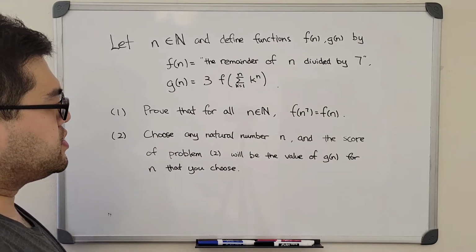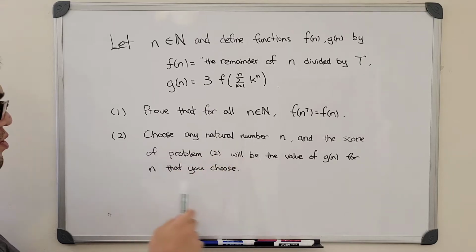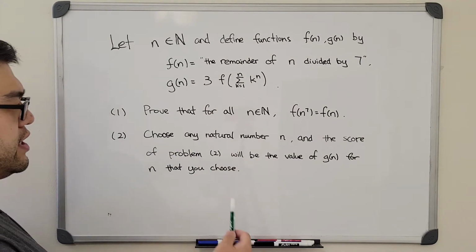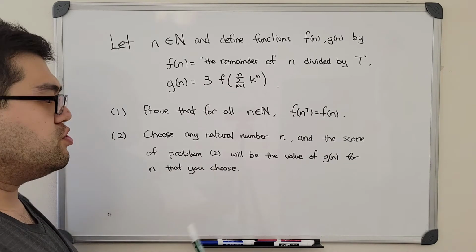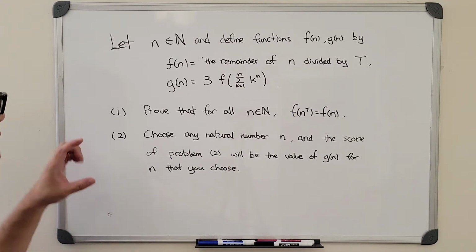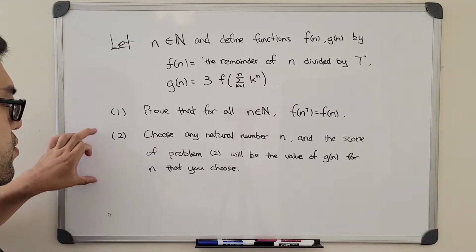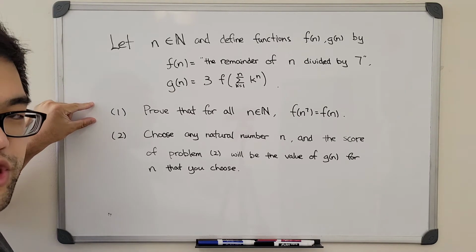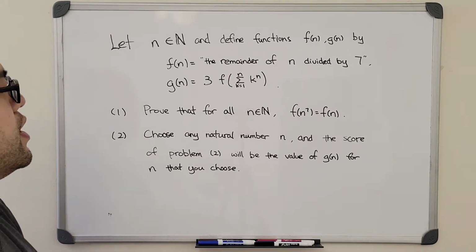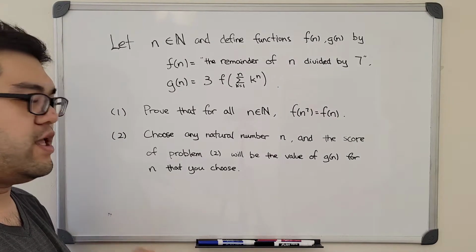In other words, the final result of problem 2 depends on which n you choose. We would like to see how to maximize the score in problem 2, and also show how to prove problem 1. So let's get into the proof and the solutions.